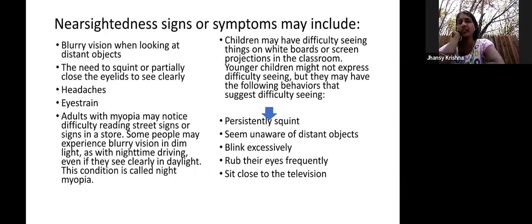Symptoms of myopia include blurred vision, inability to see distant objects, headache, eye strain, and squint. The patient partially closes the eyelids to see clearly.